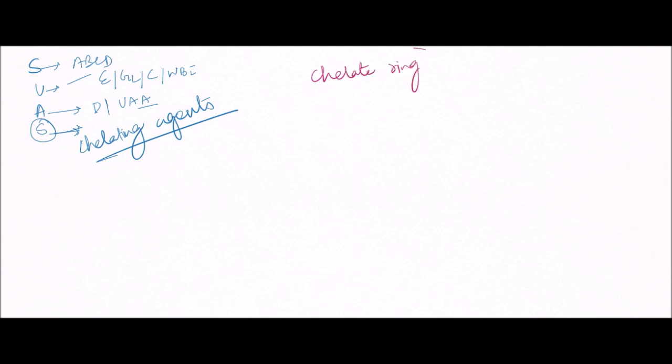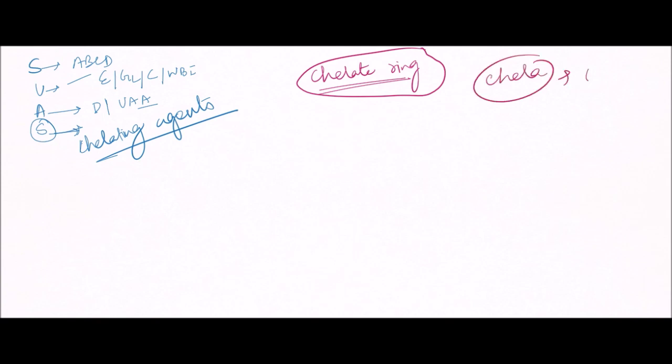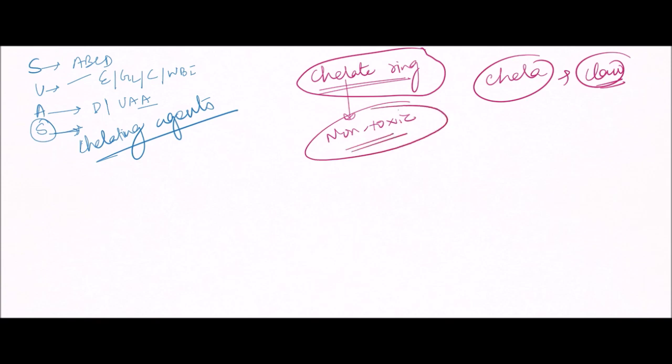This is the characteristic feature of any chelating agent, that they form a chelate ring, and the meaning of chela is claw-like. Literally, chela means claw. So they form a stable ring and it is non-toxic.